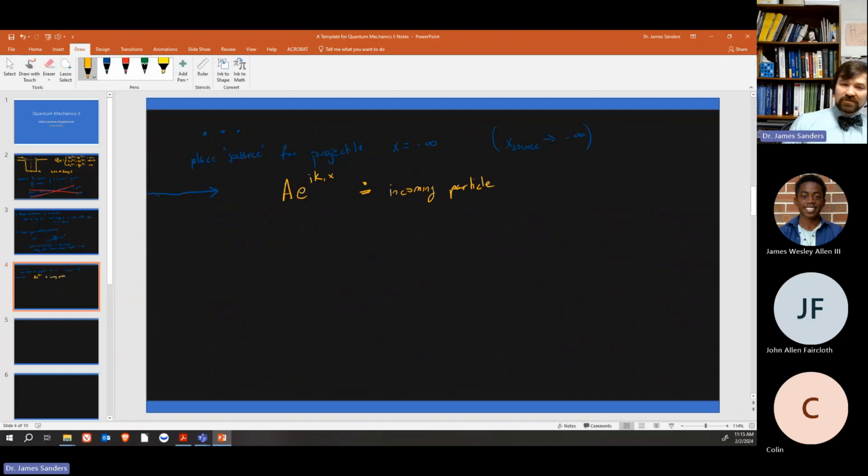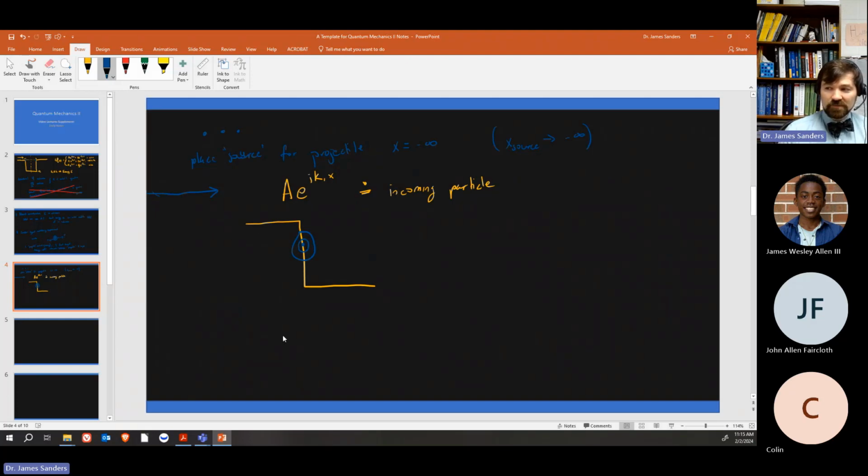Now you get to the target of the projectile. In other words, you get to this first wall of the well. This right here is where our target basically is for this projectile. Granted, it's actually up here, but we can treat it like it's here.